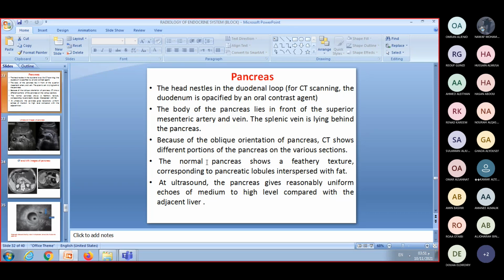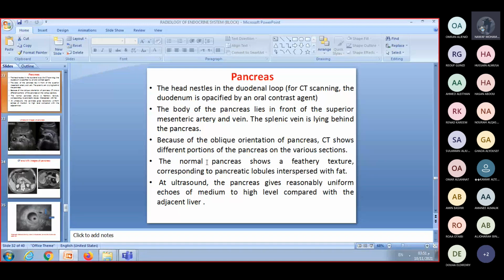But CT is better than X-ray. So nowadays we perform CT for assessment of the sella turcica to look for any erosion or any enlargement of this fossa.